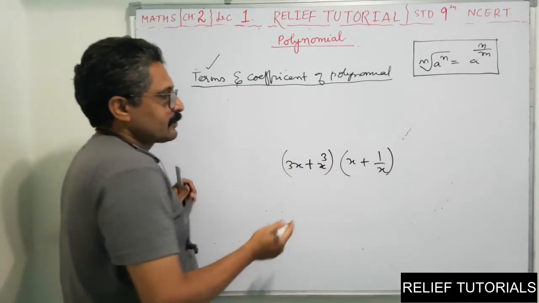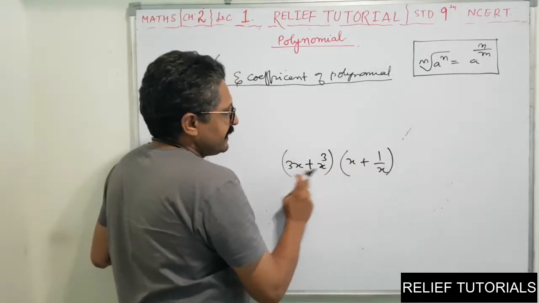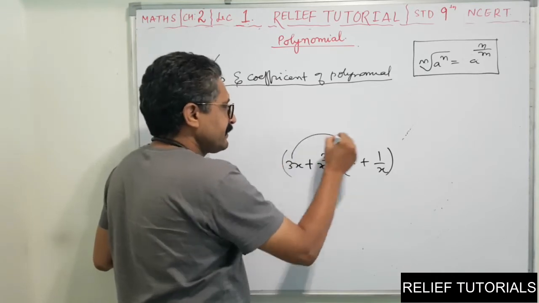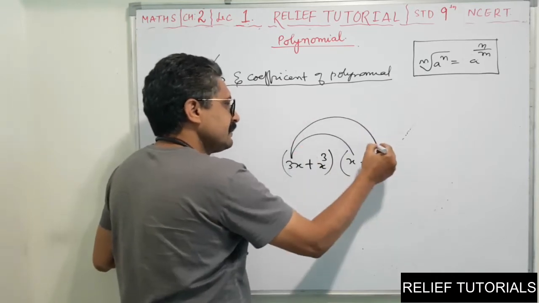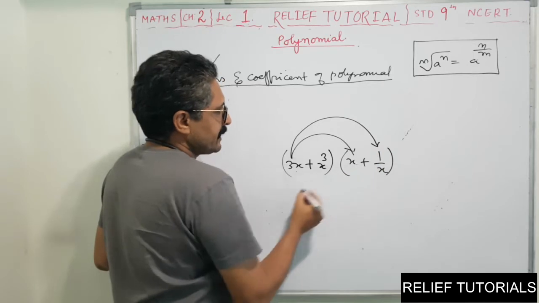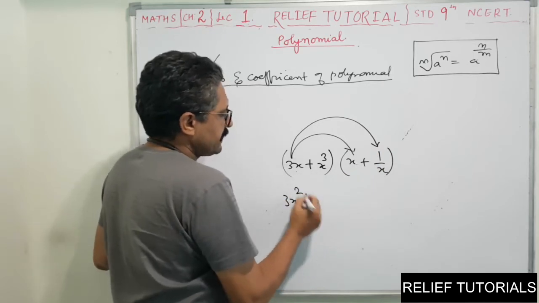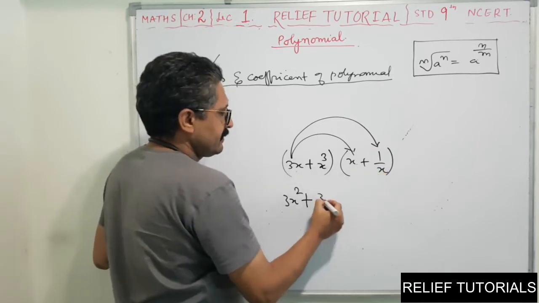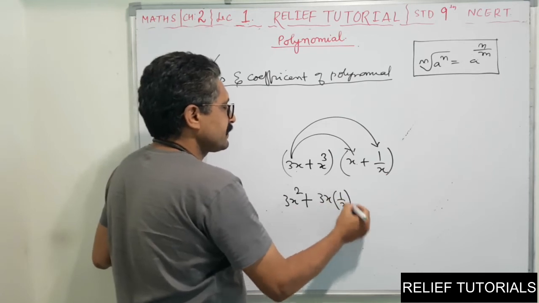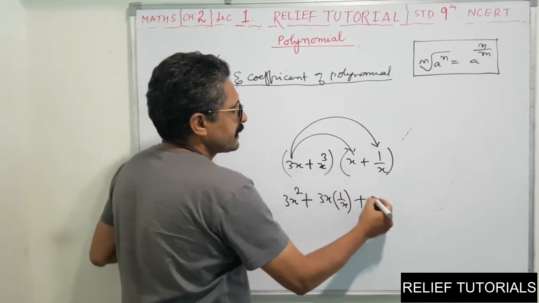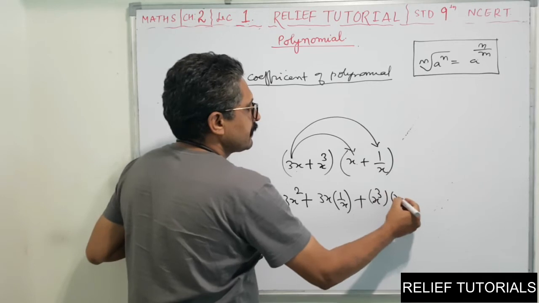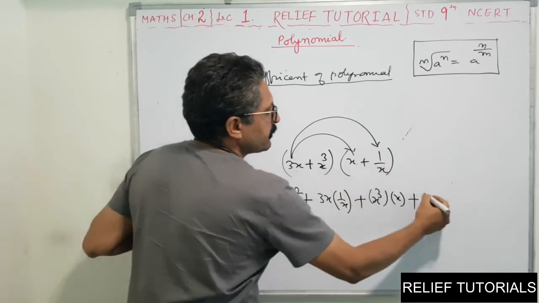So what you will do, you will multiply 3x into x first, then you will multiply 3x with 1 by x: 3x square plus 3x into 1 by x, plus x cube into x, plus x cube into 1 by x.